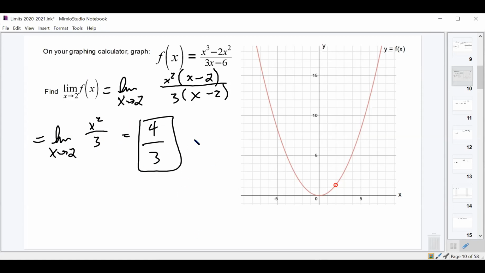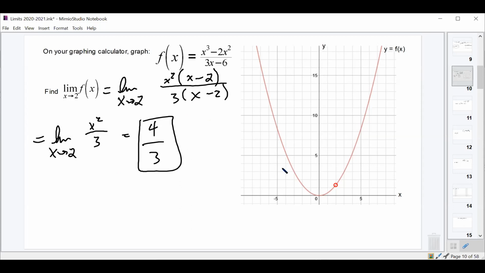This is algebraically how we would complete one of these. Does everybody see that process? See those steps easy enough? Feel okay about that? Yes. Okay. Perfect.